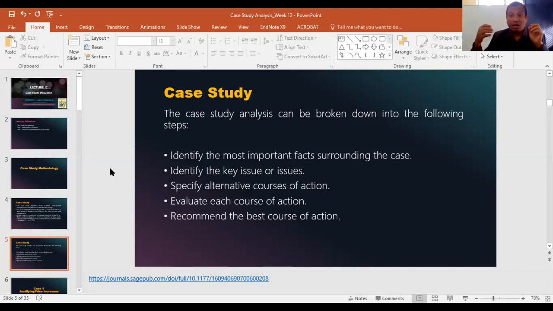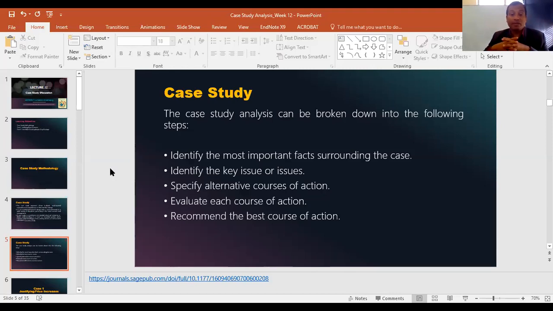Sometimes in some of the paragraphs, if you read carefully, you will find that the brand manager is thinking along those lines, the market research manager is looking along those lines, and they are suggesting that these are the alternatives they have. So you need to point out what alternative courses are given.